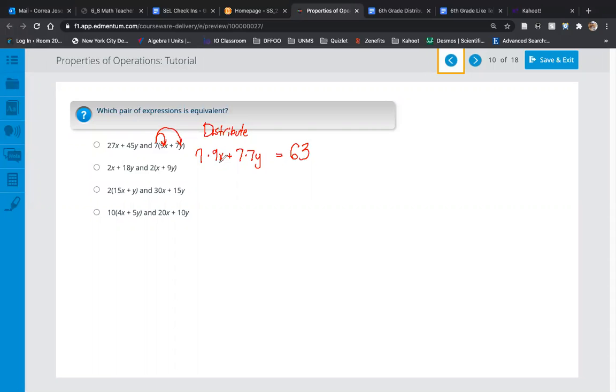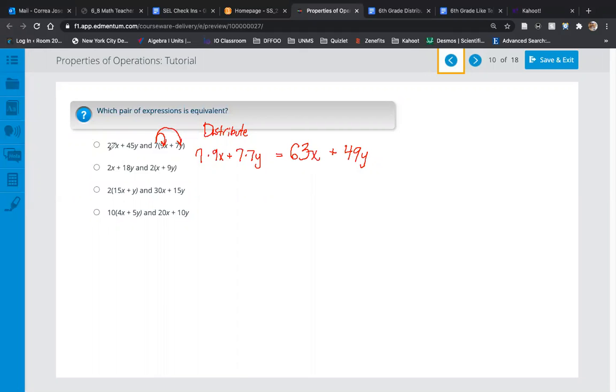Thank you for that, Jaden. X, I keep the X there, plus 7 multiplied by 7 gives me 49. Thank you again, Jaden. I keep the Y again here, right? So the X is going to stay, the Y is going to stay. So this says 63X plus 49Y.